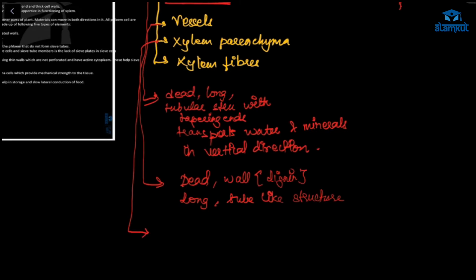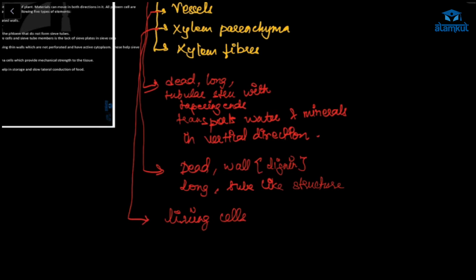Next we have the xylem parenchyma. These are the only living cells. How do we know whether a cell is dead or not? If a cell doesn't have protoplasm, then it is a dead cell.